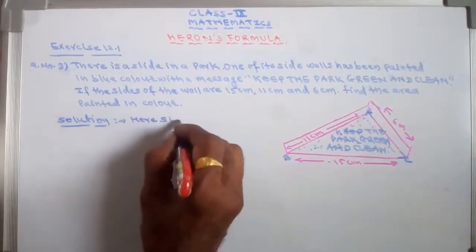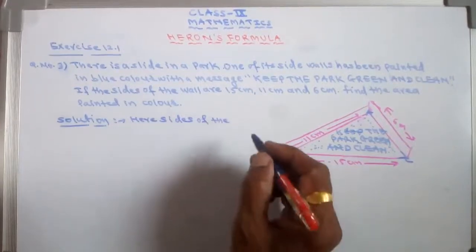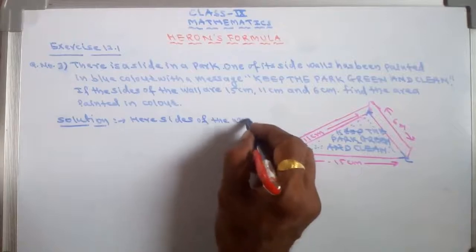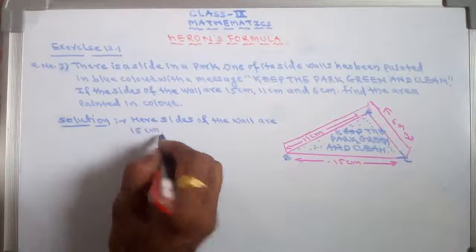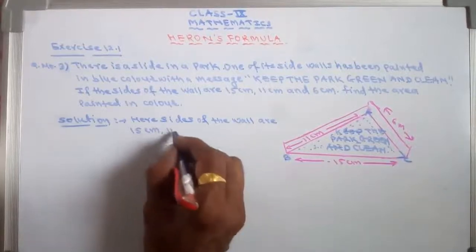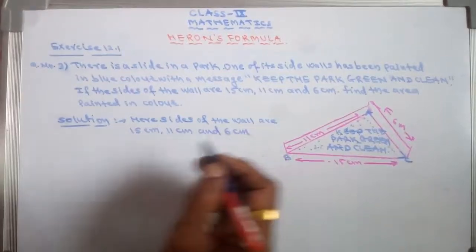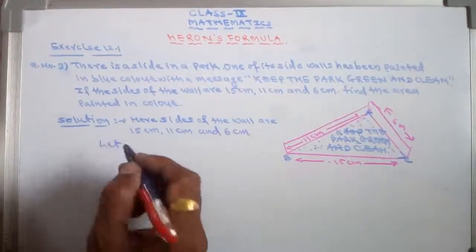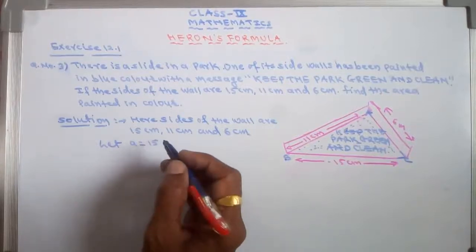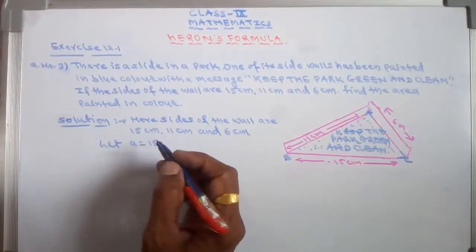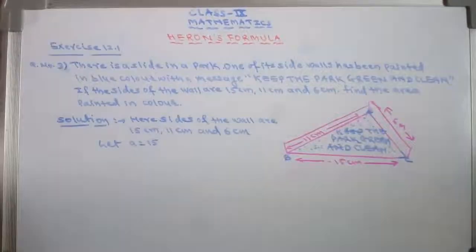The sides of the wall are 15 centimeter, then 11 centimeter and 6 centimeter. So इसको हम small a, b, c मानते हैं. Let a equal to 15. I think it is in centimeter, or it may be meter. I think, sorry, it should be in meter.